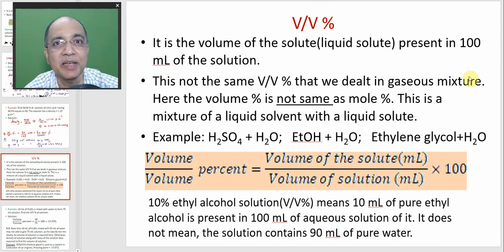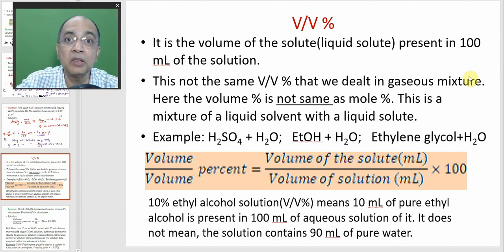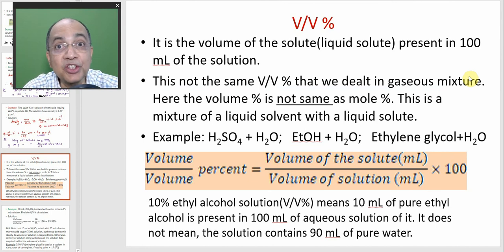This is not the gaseous state. This is liquid volume. So here the V by V percent has nothing in common with the V by V percent in the gaseous mixture, where it is the mole fraction of that component. Here it is not the mole fraction of that component, right?